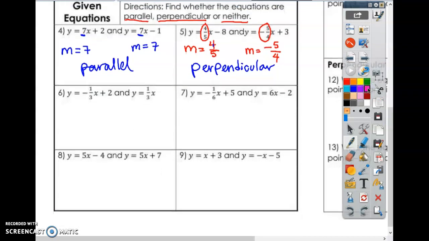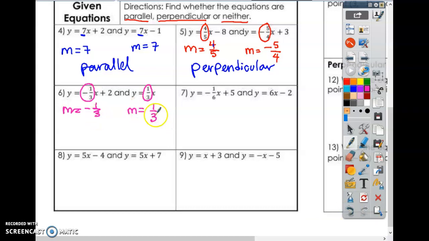What about this one? This is my slope. This is my slope. M equals negative 1/3, and m equals a positive 1/3.